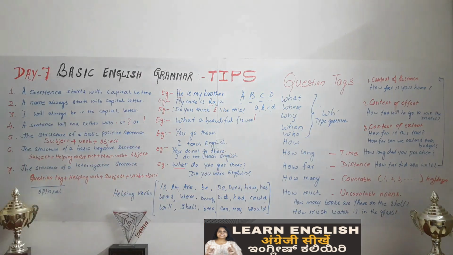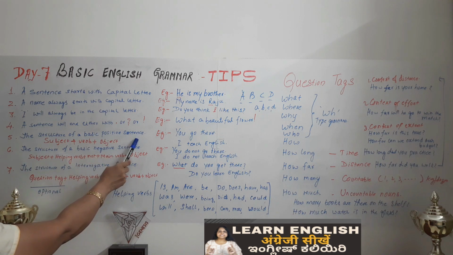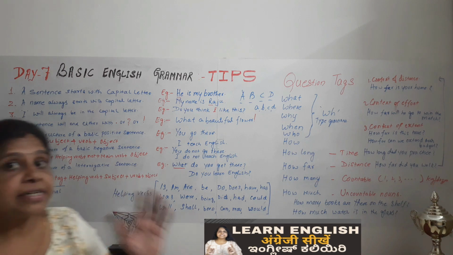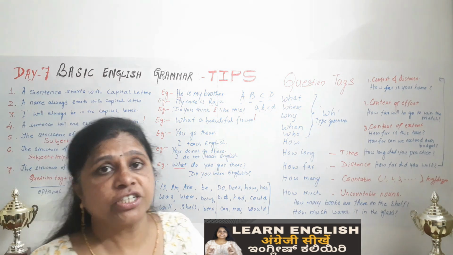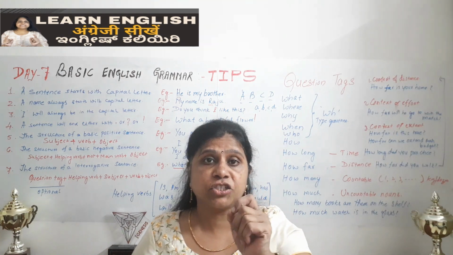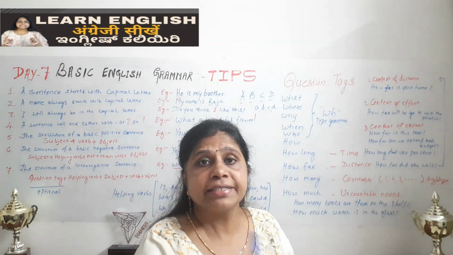Now the fifth tip. The structure of a basic positive sentence. The structure should be subject, verb, then object. There are three parts in a sentence, subject, verb and object. So this is the basic structure of a positive sentence. Alright, let us see the example.